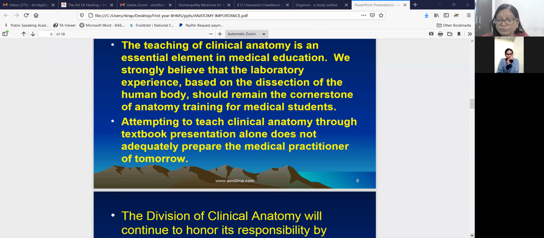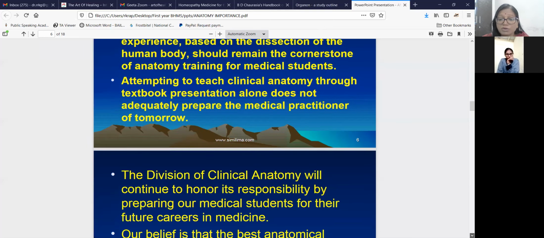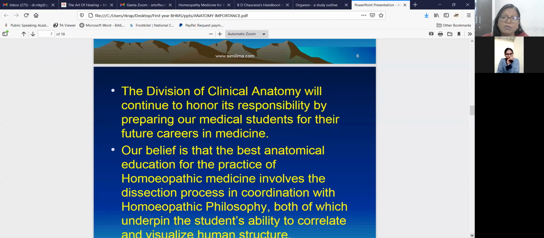Coming to the divisions of clinical anatomy, you will be able to understand medicine in a way where you are going to examine patients. That is what clinical anatomy is.